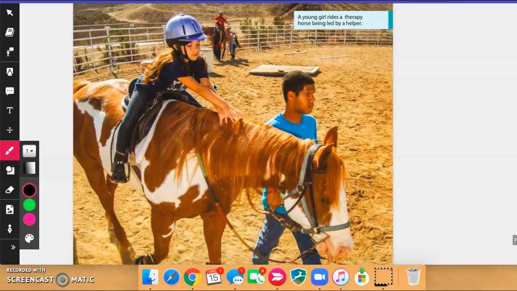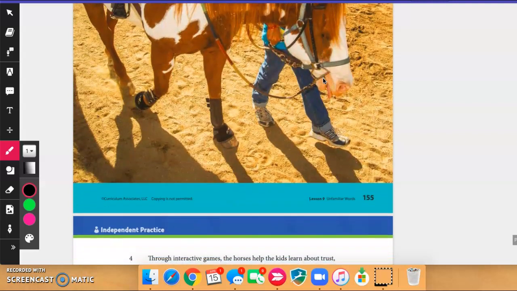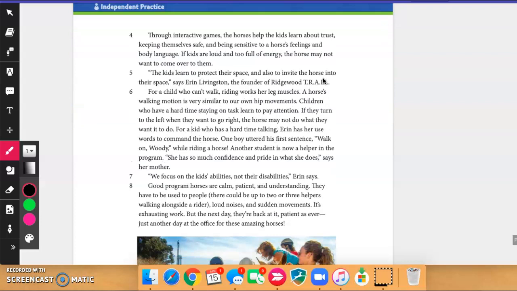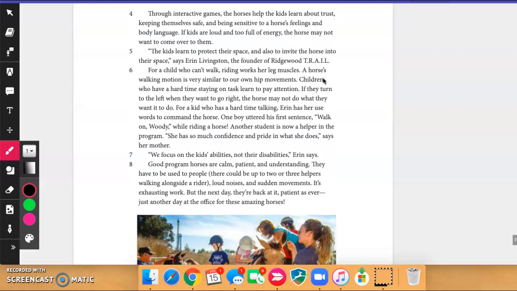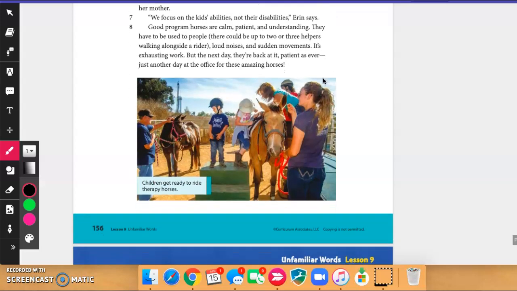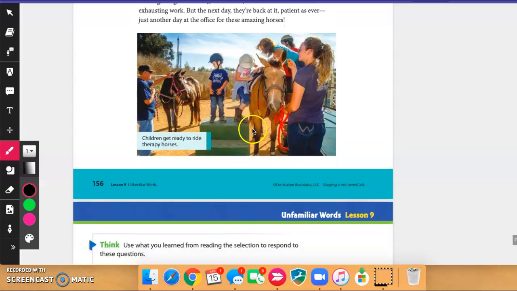The second page just has a picture with a caption that says a young girl rides a therapy horse being led by a helper. So you can just take a look at that photograph and then continue on the third page with the rest of the passage. And there's another photograph at the bottom, and it says, "Children get ready to ride therapy horses" in the caption.